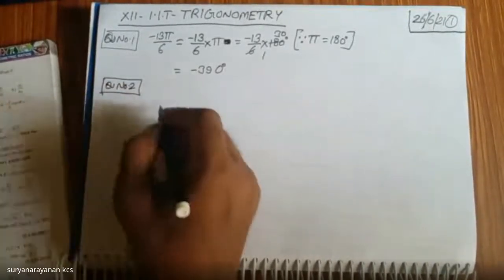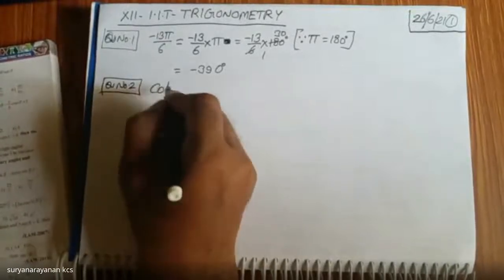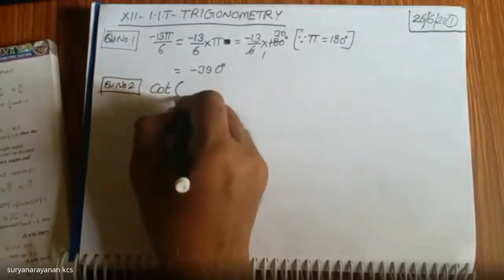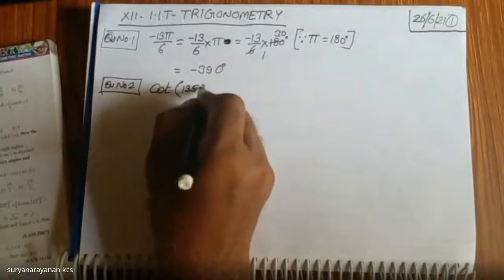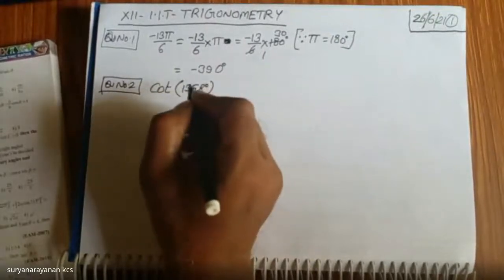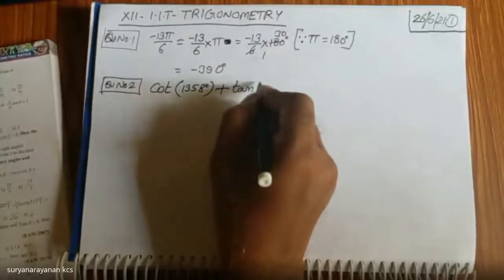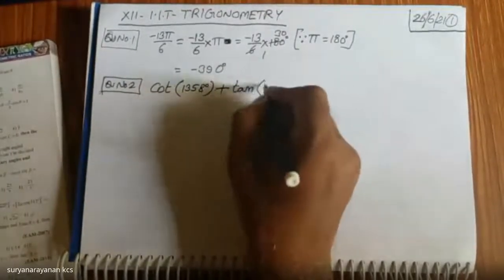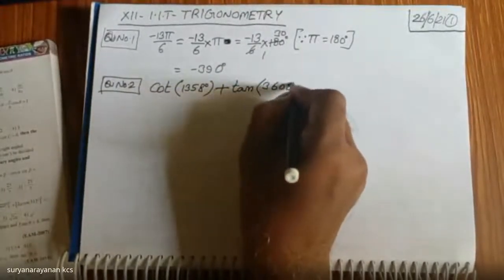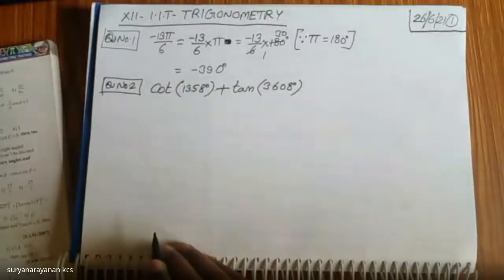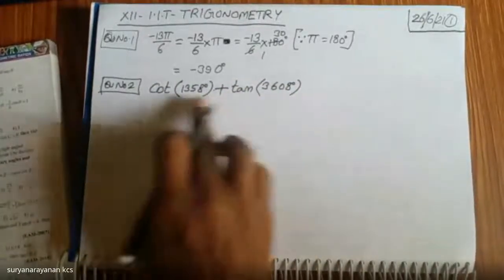Come to the second question. Cot of 1358 degrees plus tan of 3608 degrees. We have to find the value of this expression.